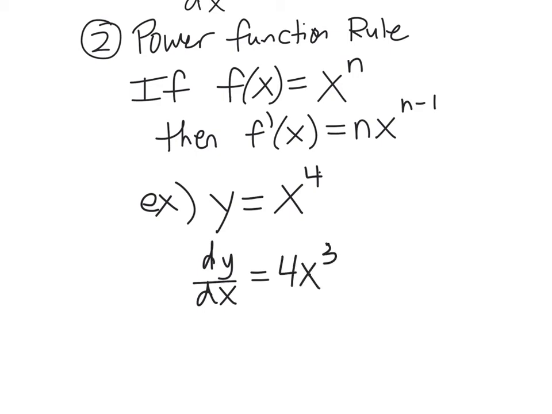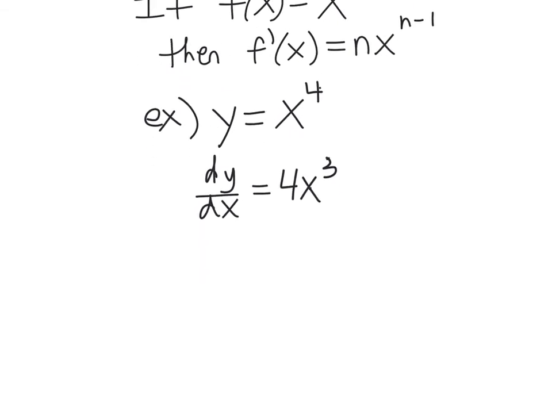That's it. And you can find that doing the limit process of the whole thing of f of x plus h. You'd have to do x plus h to the 4th minus f of x all over h. It will give you 4x cubed. Guaranteed. But do you want to do it that way? No. This is so good, right? Aren't you so glad you finally get to use this when you've been using it all along?